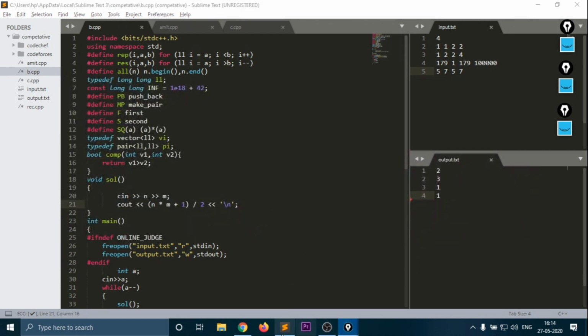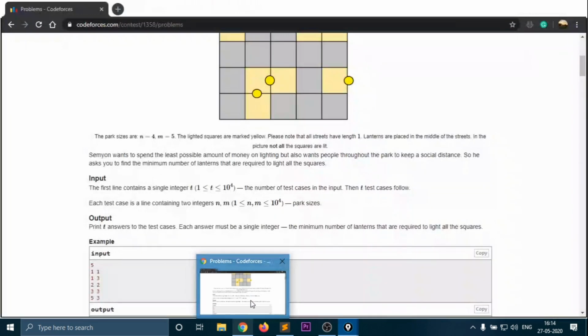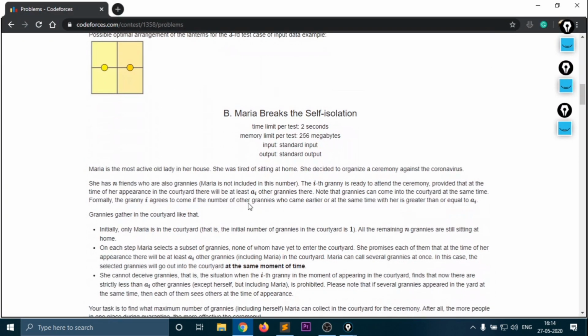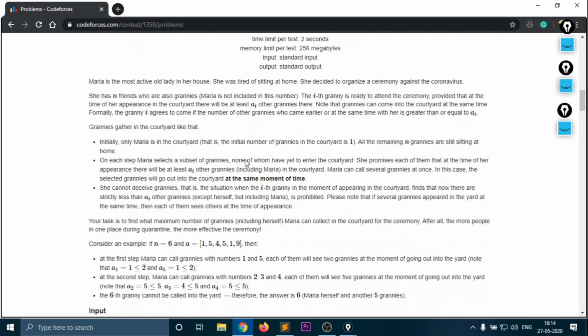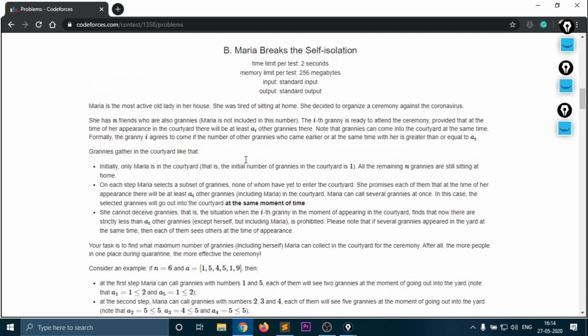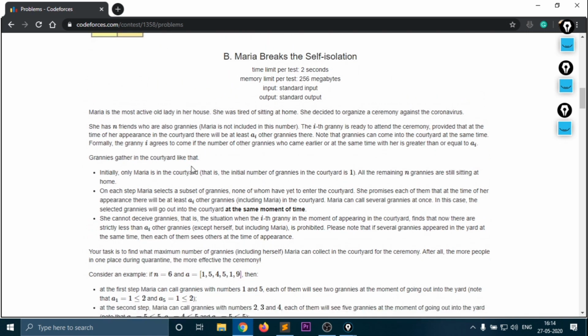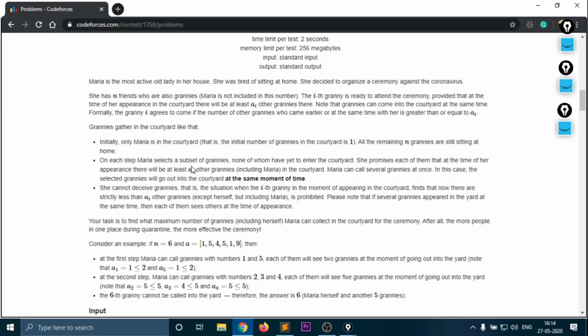Now let's see the second question. The second question was about a lady, Marina, who invites some guests to her courtyard, but the guests give a condition that if this many guests are already present in the courtyard, then only they can attend the party.